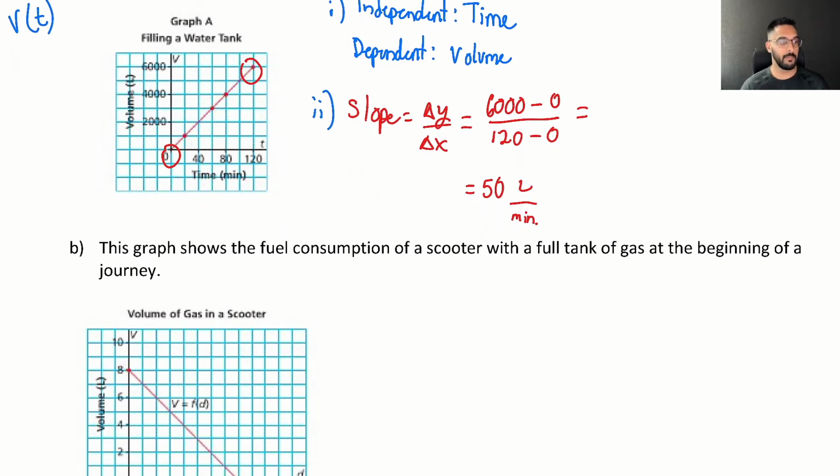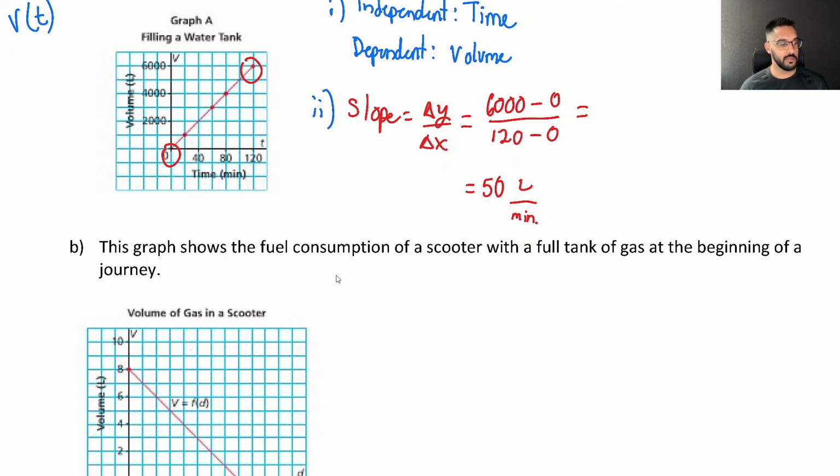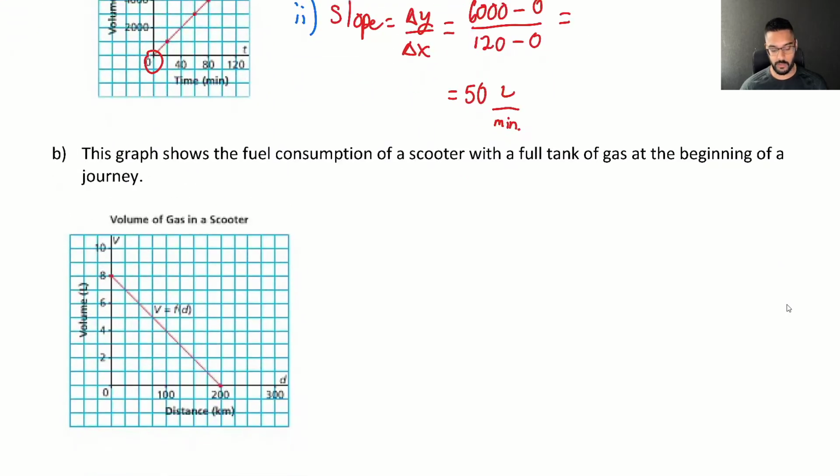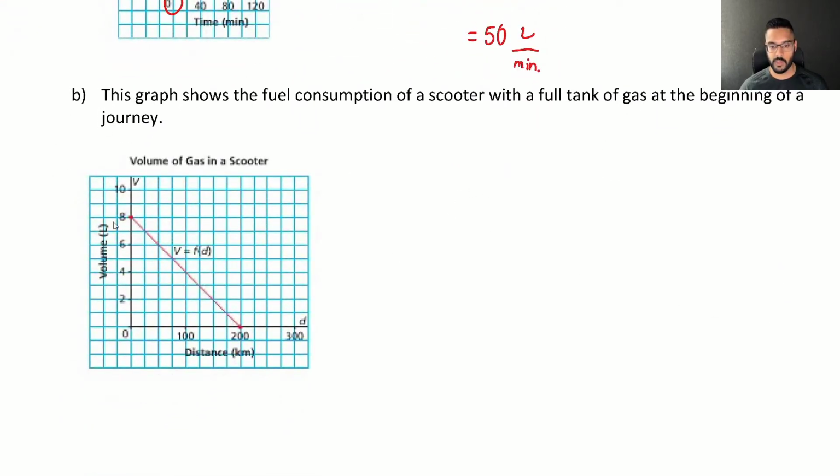Got it. Okay. So this graph shows the fuel consumption of a scooter with a full tank of gas beginning its journey. Okay, so I still have volume, but we're talking about the volume of gas now. Distance is now our x variable, kilometers. So let's list out what we have.